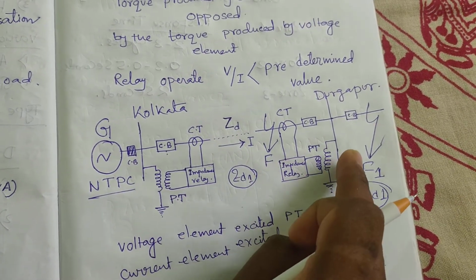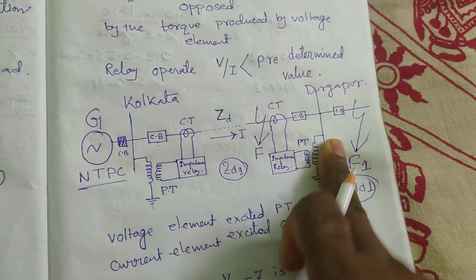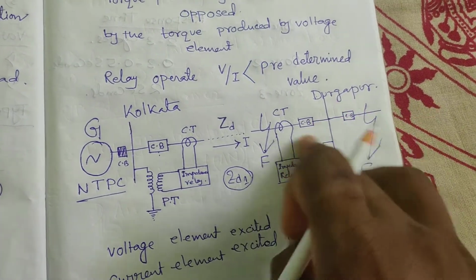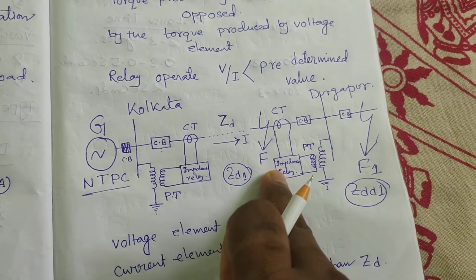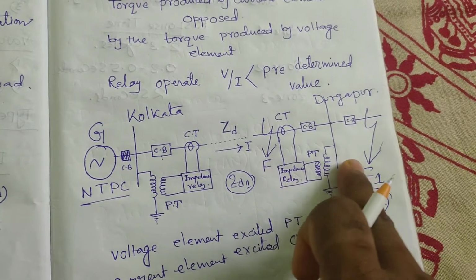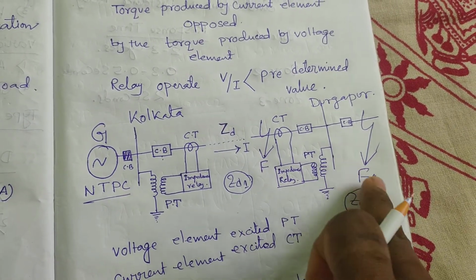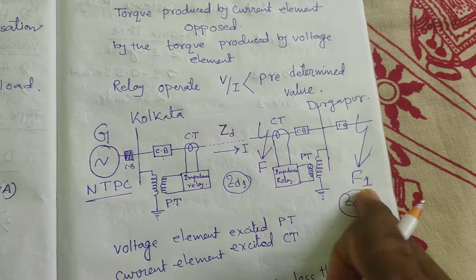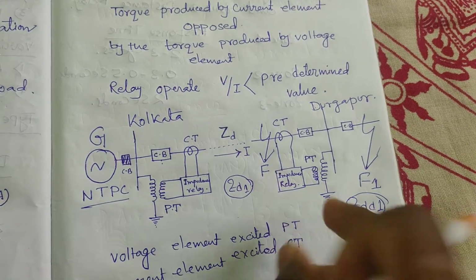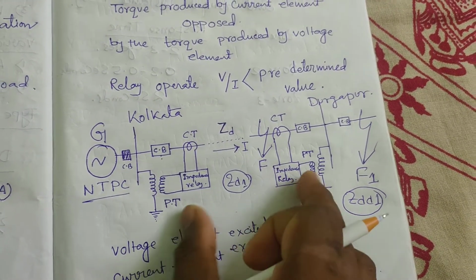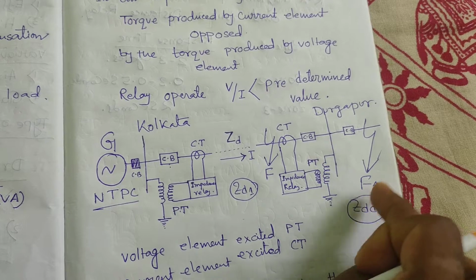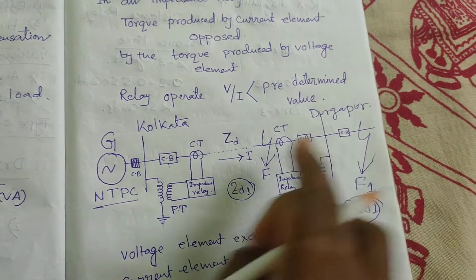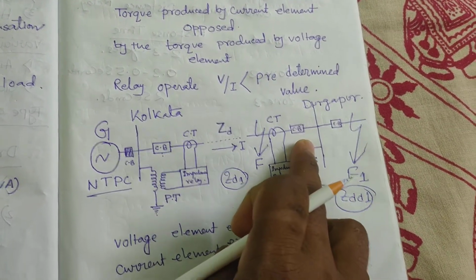If one impedance relay is installed here, with the connection given by the help of the CT and PT, then that impedance relay will sense this F1 location fault, calculate the concerned value, and that particular breaker will be tripped, but this breaker and this breaker will not be tripped.